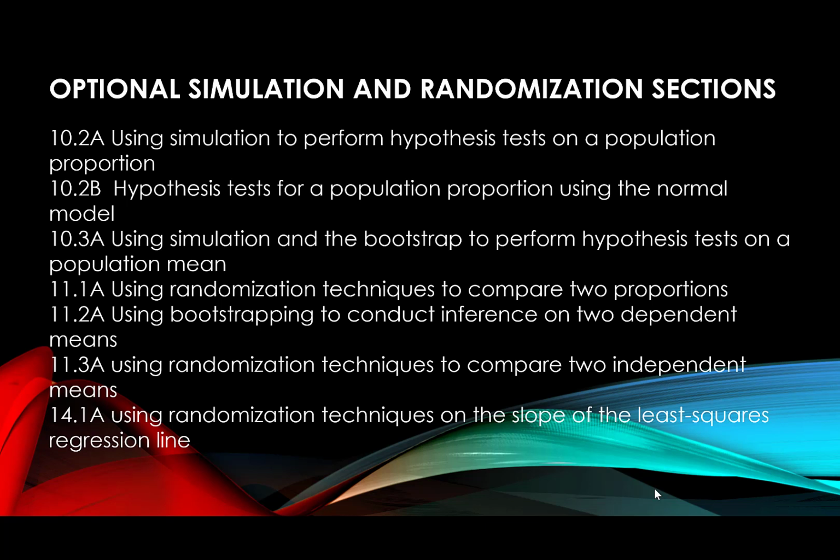Finally, in section 14.1a, we use randomization techniques on the slope of the least squares regression line. So you, as the instructor, can use these sections to introduce the ideas of simulation and randomization to your students, while at the same time maintaining the traditional topics that you have in an introductory course.